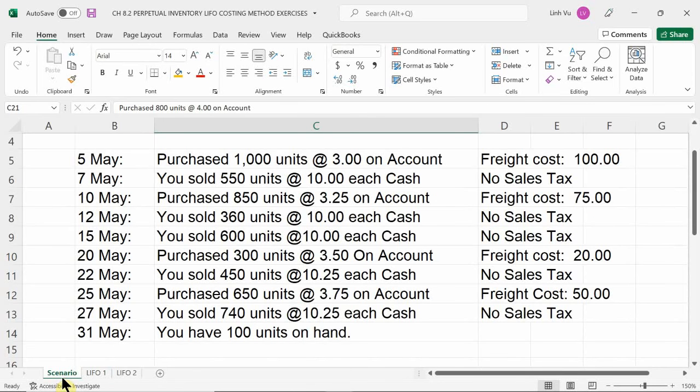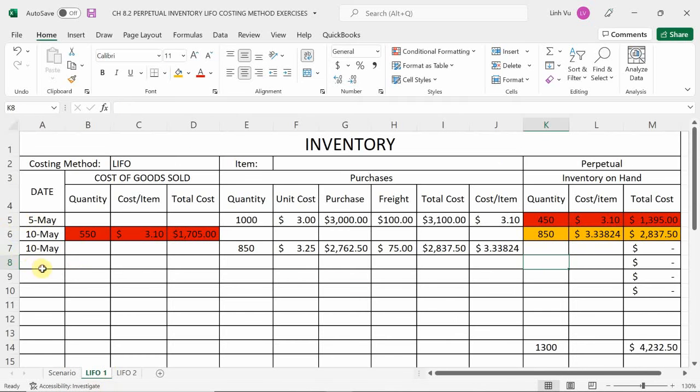Okay. So then May 12th rolls around and we end up selling 360 units. We sold 360 units on May 12th. Now in this case, let's take a look at my inventory.